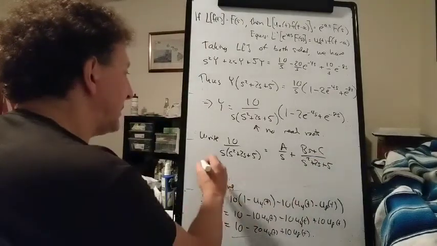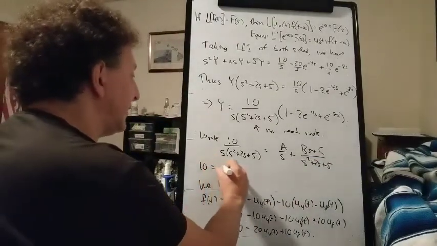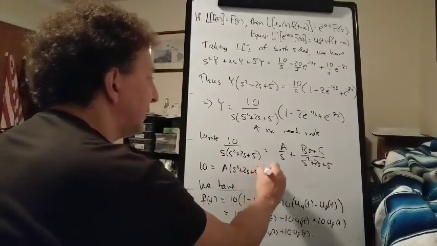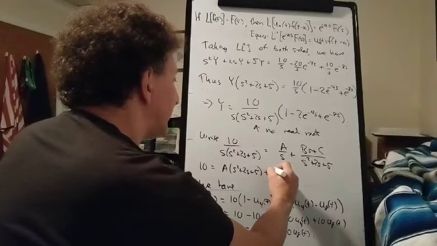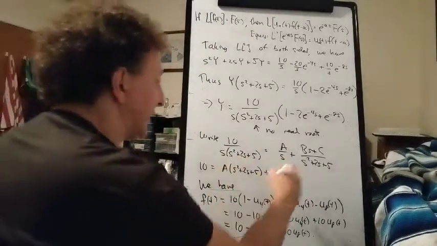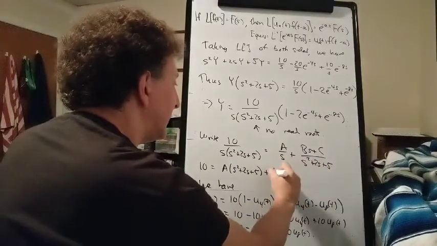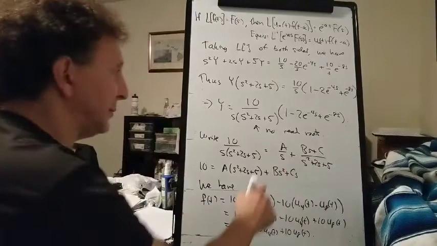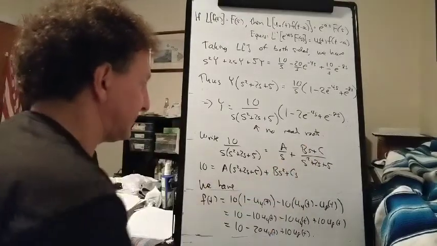And then clearing denominators, 10 equals a times s squared plus 2s plus 5 plus bs plus c times s, because this is going to cancel that denominator, bs squared plus cs. That's bs plus c, all of it times s.